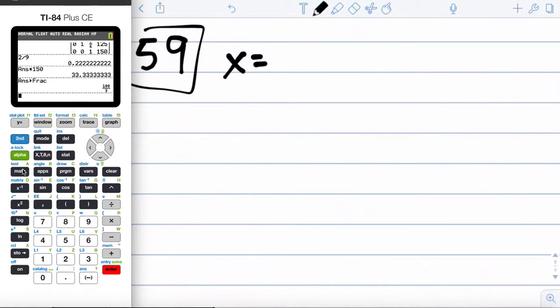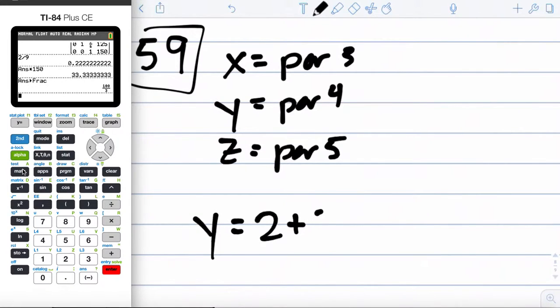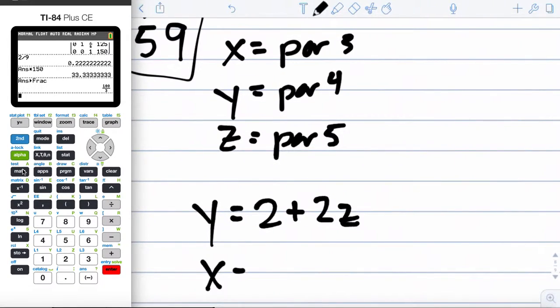So I'm going to let x be equal to par 3, y equal to par 4, and z equal to par 5. So par 4 holes are 2 more than twice the par 5s. And the number of par 3 holes, x, is equal to the number of par 5 holes, z. Find the number of par 5 holes on the course.